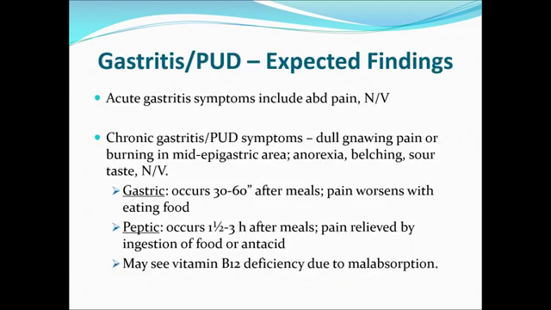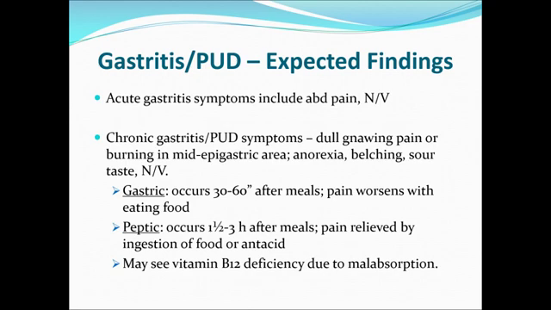So what are you going to see in somebody that has gastritis? If it's acute, you're going to have that acute abdomen, the abdominal pain, the nausea, the vomiting. Very sudden onset, very intense. Now, chronic gastritis and peptic ulcer disease symptoms tend to be a little bit different.